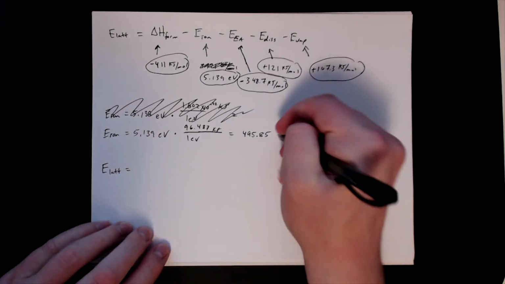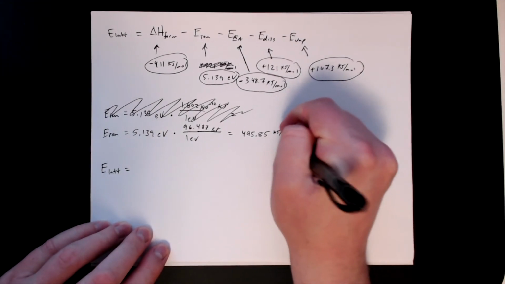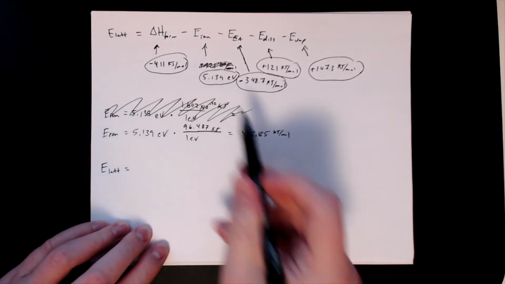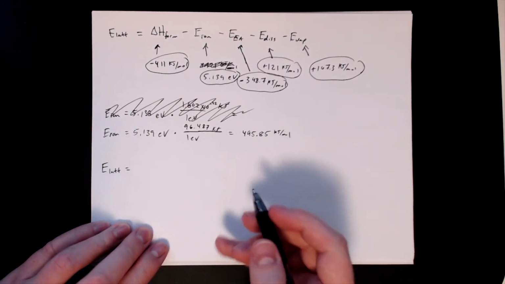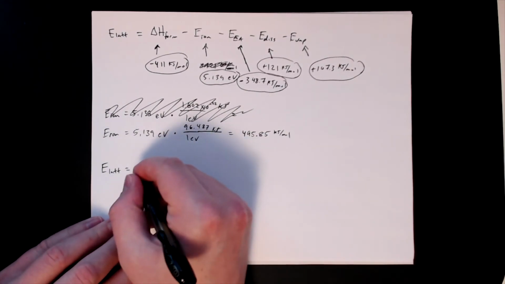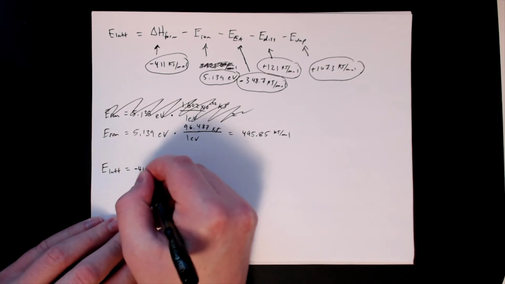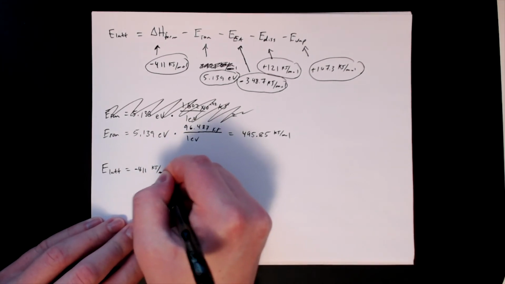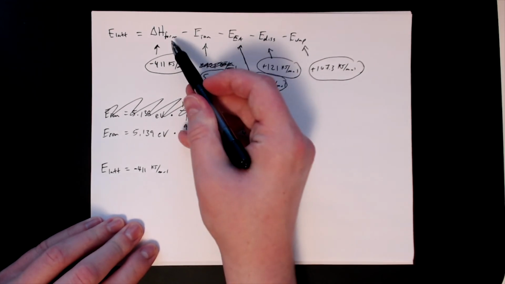Now that we've got all of these values converted and looked up from the text and tables, let's plug these all in. We've got minus 411 kilojoules per mole for the enthalpy of formation.